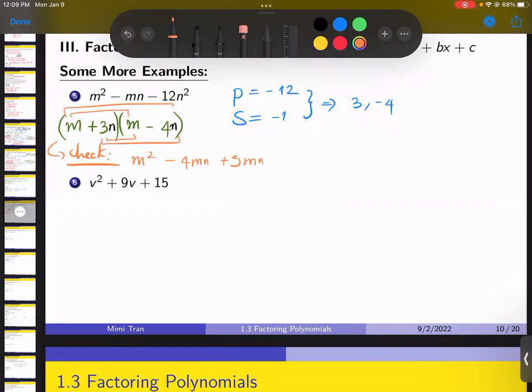And then last, 3n times -4n is -12n squared. And then you combine two terms, these here. -4mn plus 3mn is -mn minus 12n squared. Check. So that's a little trick. You just gray out that second variable, and then you do what you need to do. Then at the end, you plug it back in.